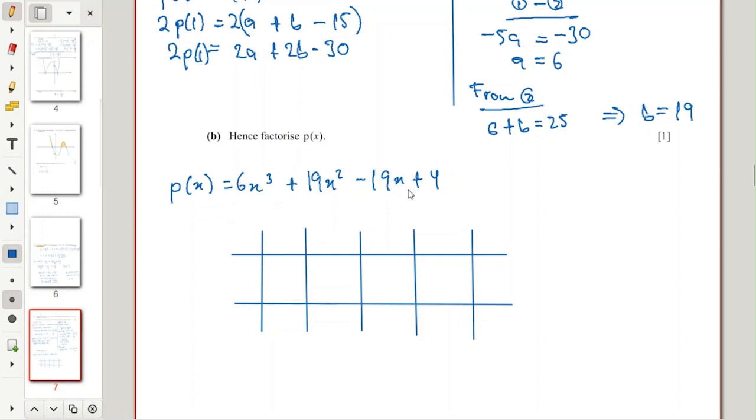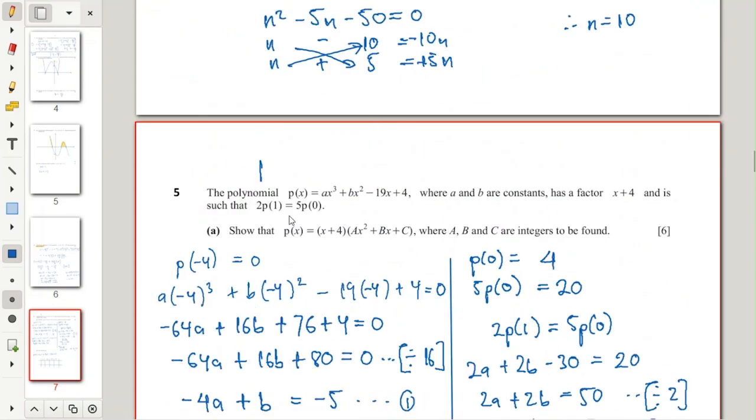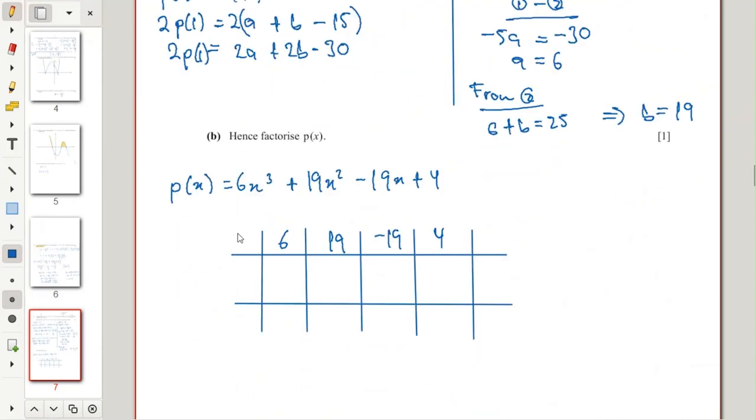Let's start with the coefficients of the polynomial. This 6, 19, negative 19, 4. And you know one of the factors, that's the good news. So you're going to go for the x value of the factor. And we all know that that will be what? Negative 4.